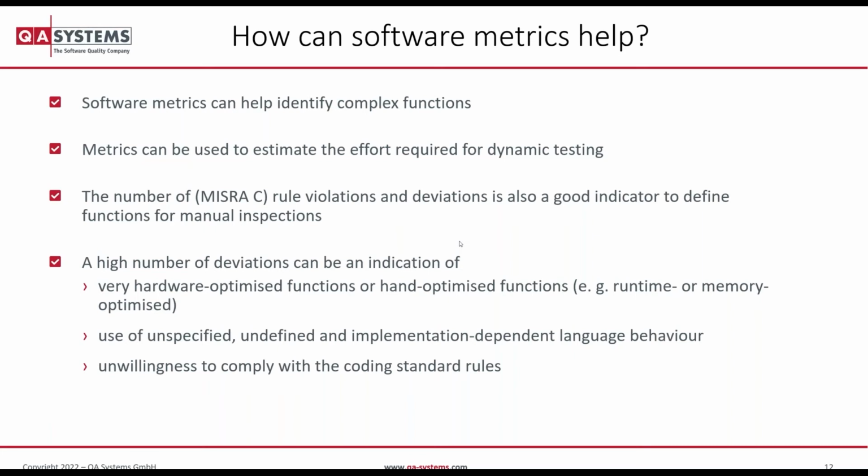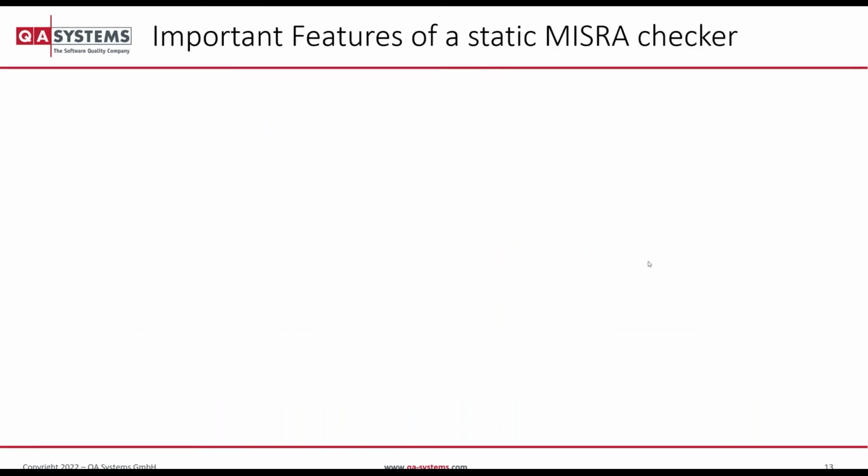It's also the case if you see unspecified, undefined, and implementation dependent language behavior. And lastly, you can also figure out unwillingness from individual staff members to comply with the coding standard rules. Then you need to talk to them in a personal manner.